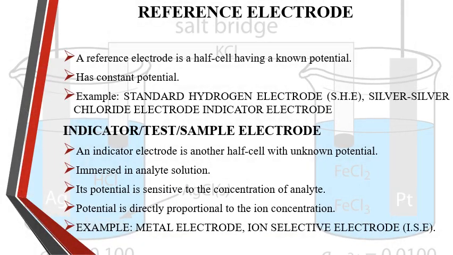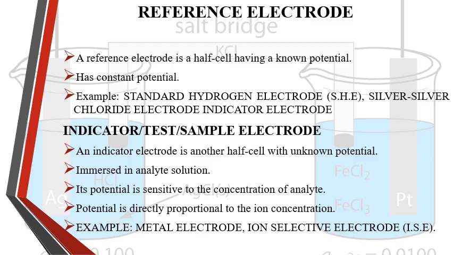The reference electrodes, such as the standard hydrogen electrode, SHE, and the silver chloride electrode, have a known and stable potential. They are crucial for providing a stable point of comparison in potentiometric measurement.